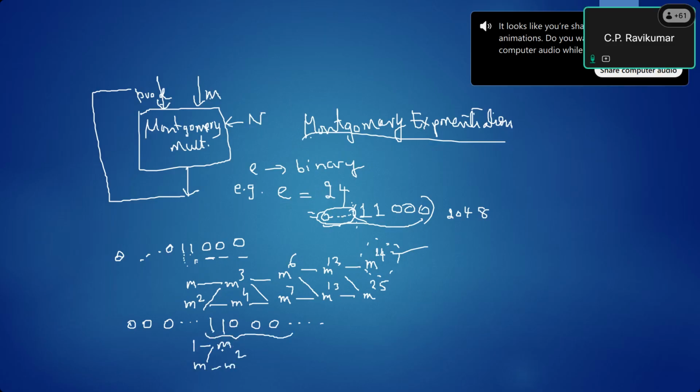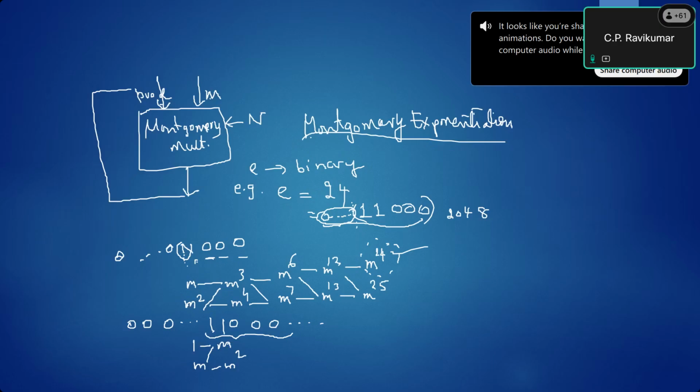So this m and m square will come in a natural way. Instead of directly initializing with m and m square and then ignoring this bit, you could start with 1 and m, and when you see this 1 m, you will get that. That is, I think, one mistake that occurred.